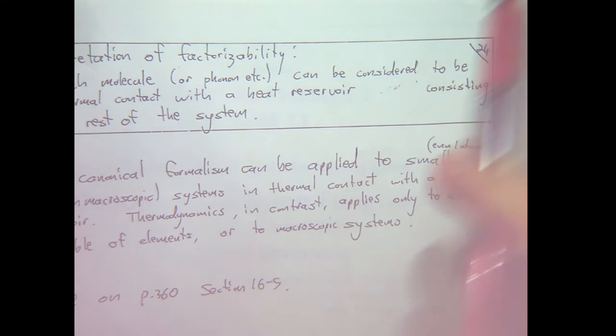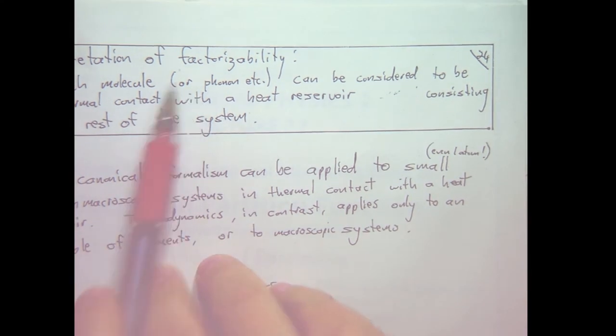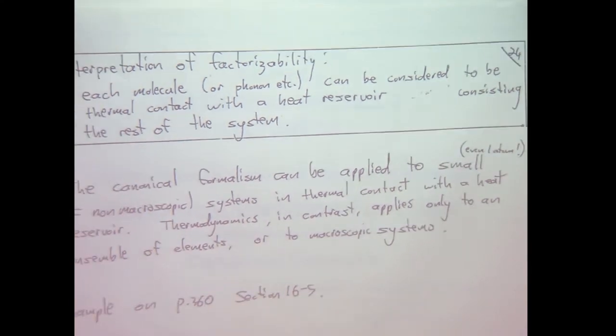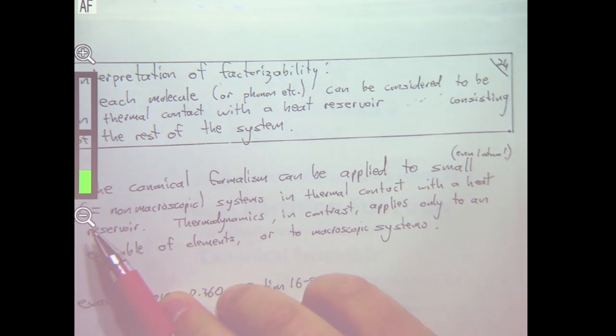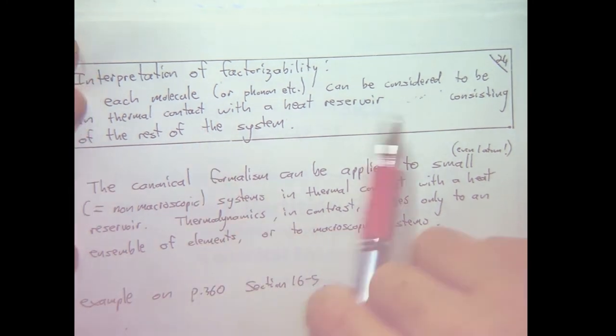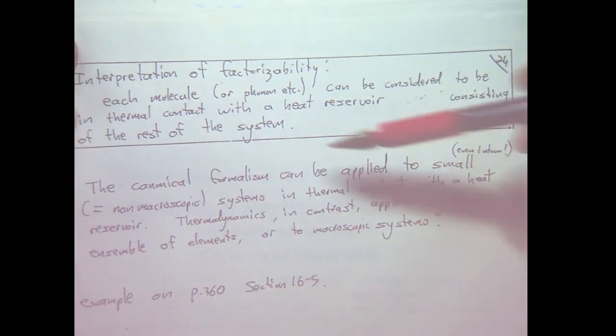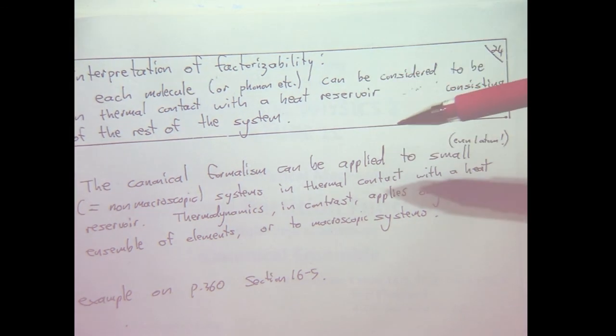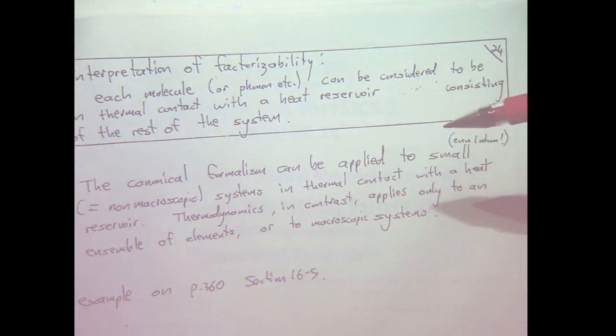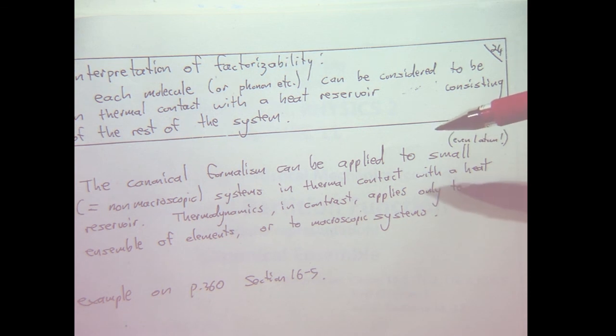Now, the interpretation of the factorizability: if you're talking about individual molecules or individual phonons, each molecule or phonon can be considered to be in thermal contact with a heat reservoir consisting of the rest of the system.